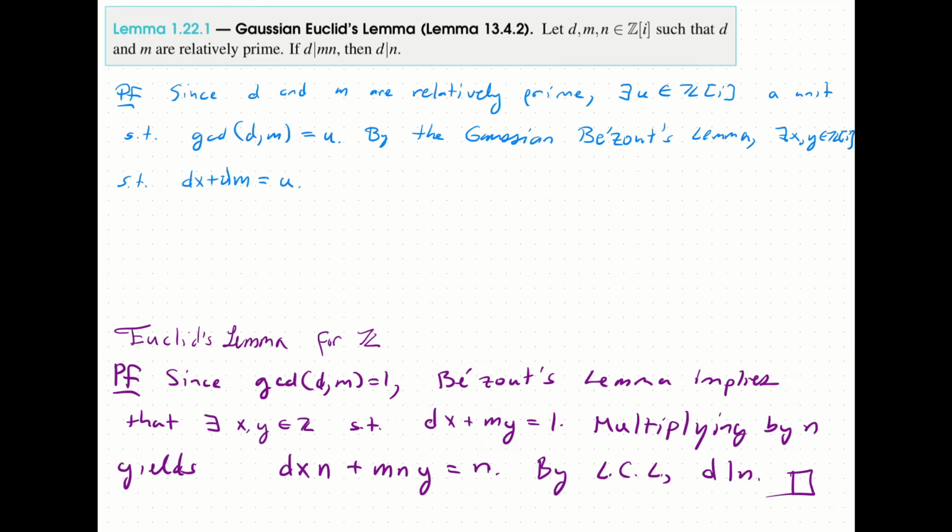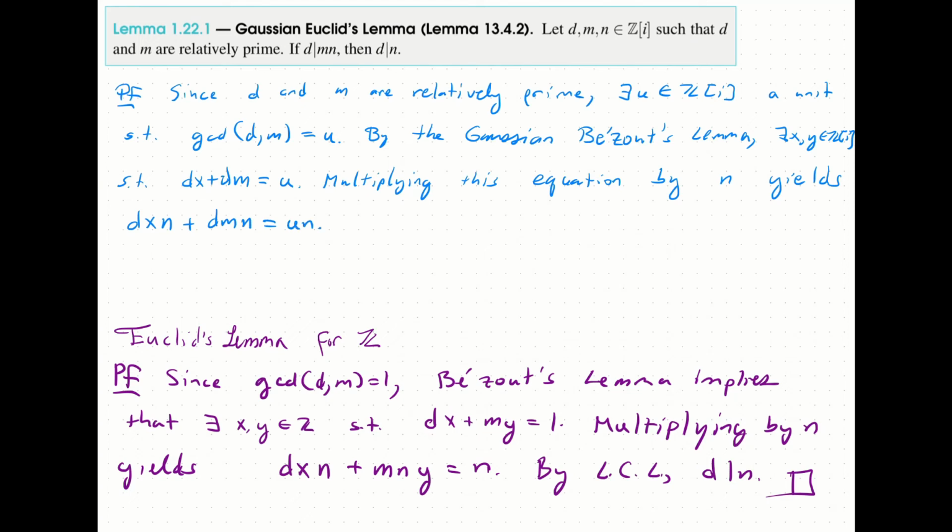We go as before, we multiply by n on both sides. So multiplying this equation by n yields that we have dxn plus myn equals u times n.